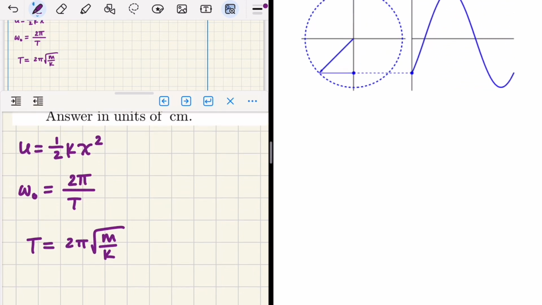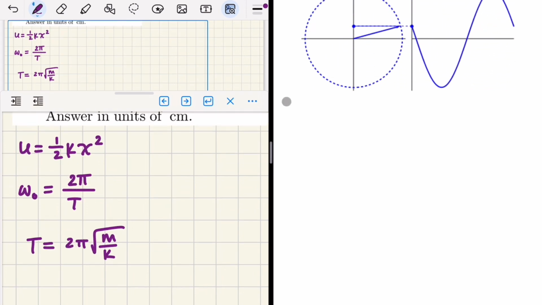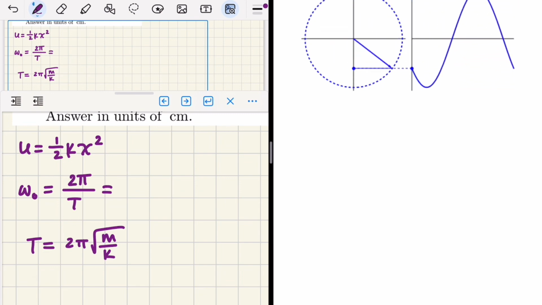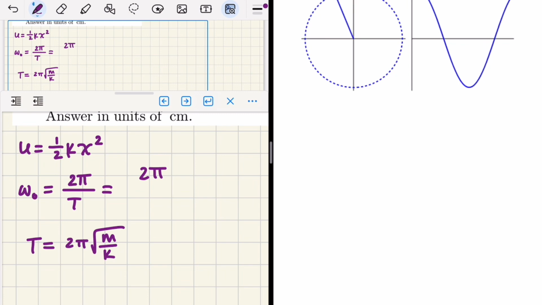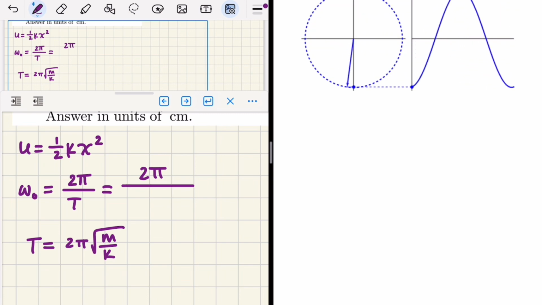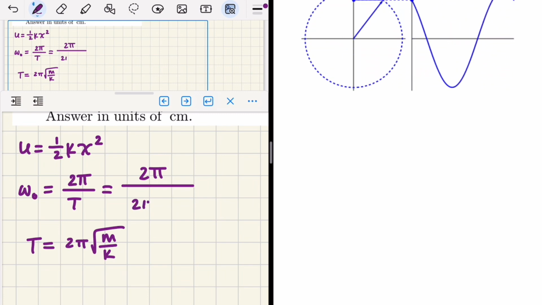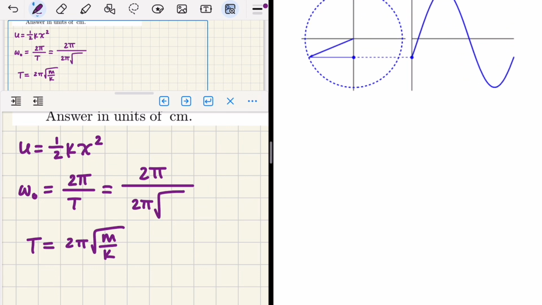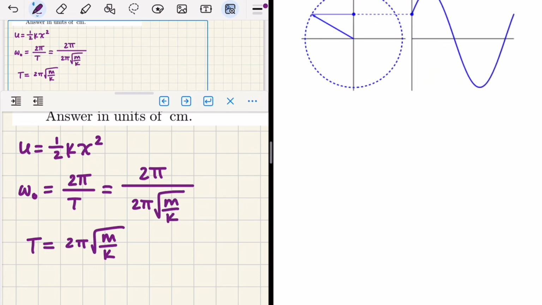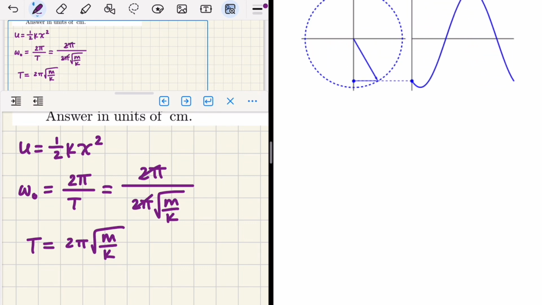So now what I'm going to do is I'm going to plug this one in here, and we'll have 2 pi over 2 pi times the square root of m over k. Notice how the 2 pi's are going to cancel.